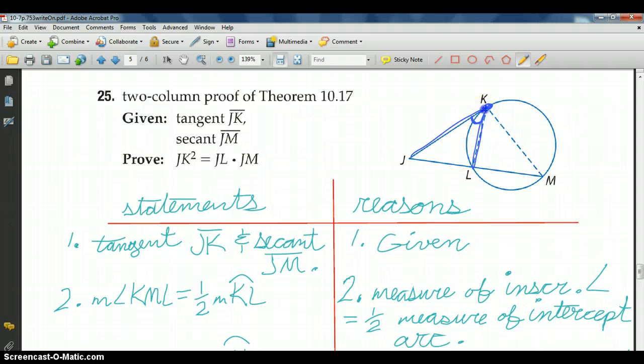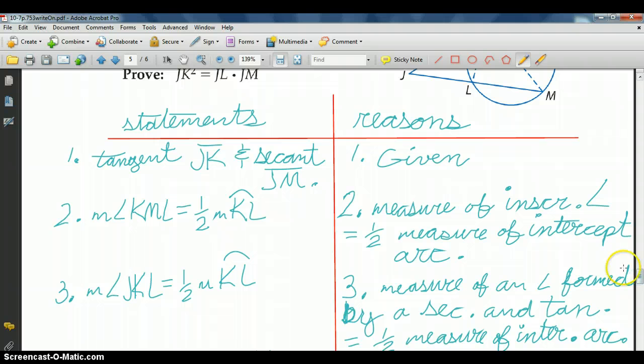So we also have a theorem that states that an angle like that will also be equal to half of its intercepted arc, which once again is KL. So what I've stated so far here is just that. Measure of angle KML is equal to half the measure of arc KL. Measure of angle JKL is equal to half the measure of arc KL.